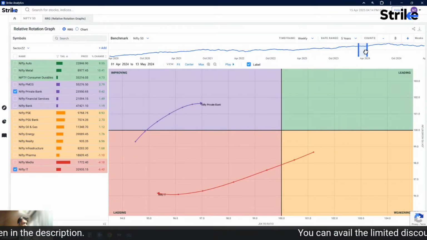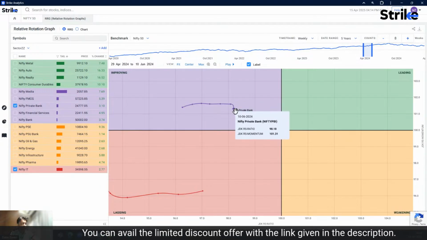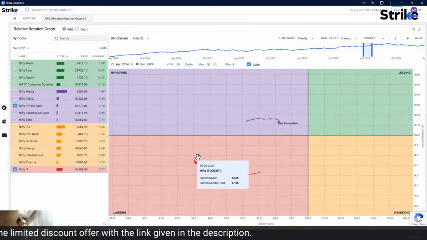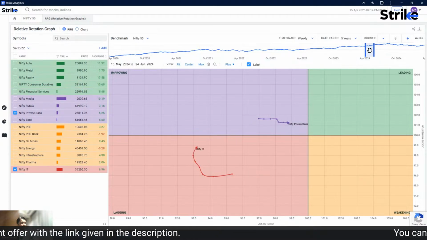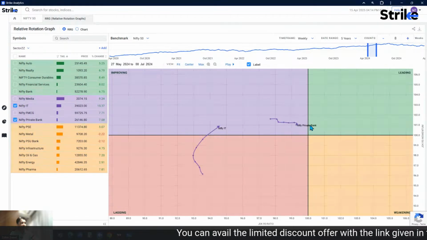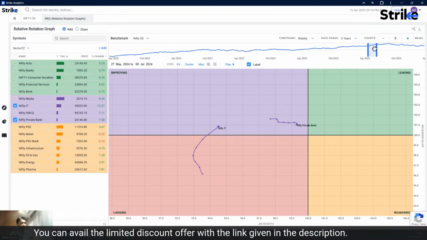But let's see what is happening here. At this point of time, when private bank turns down, on 10th of June, the IT index has started going up. So here you can again take a different position. The private bank momentum has stopped, but IT has started gaining momentum from here.